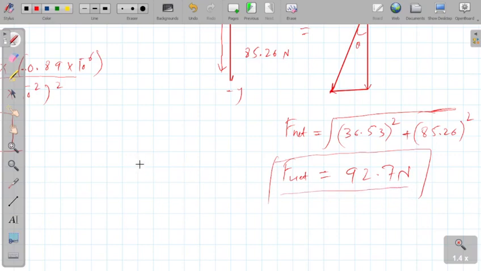Now we have to find the direction. The direction of the net force will be given by this formula, tan inverse. It will be better to give some notation.